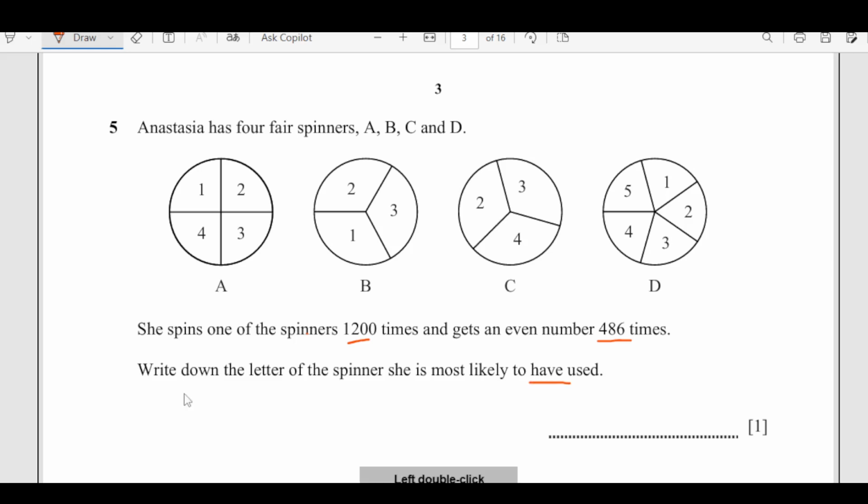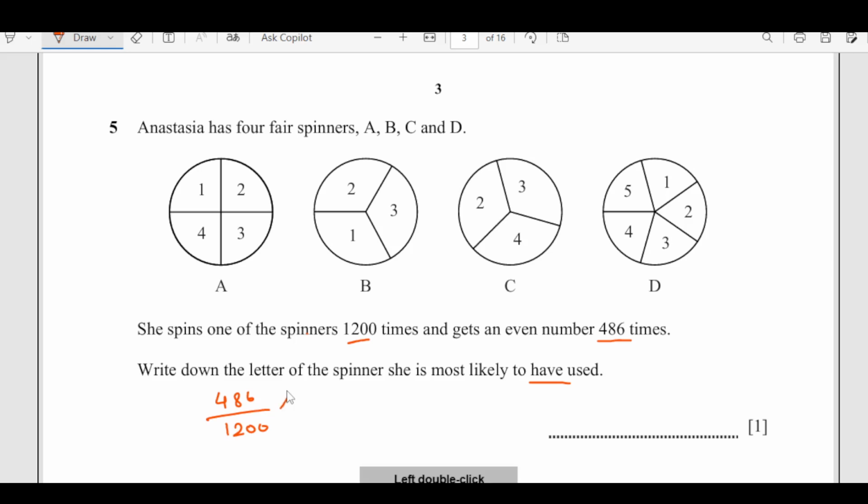We are given 486 out of 1200 times. It is not easy because we are not given any data, we have just been given the numbers on it.